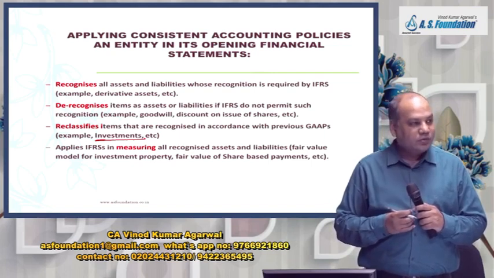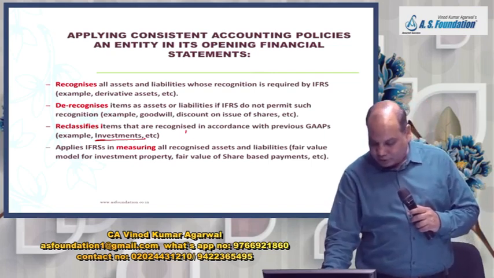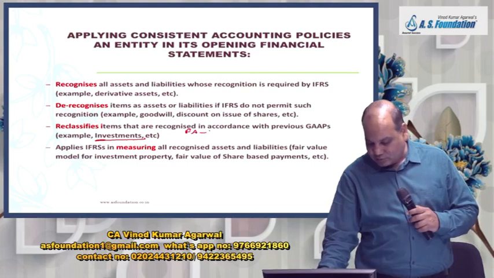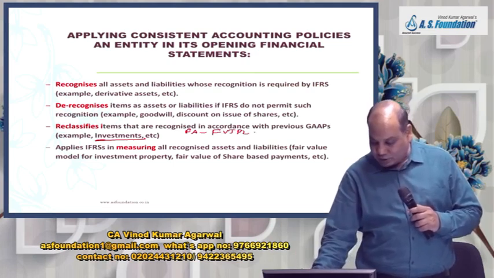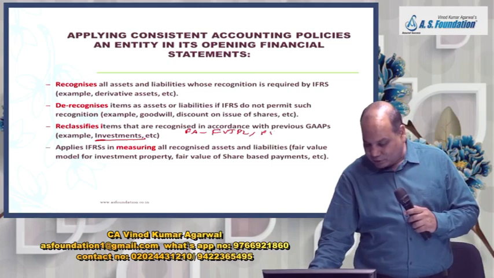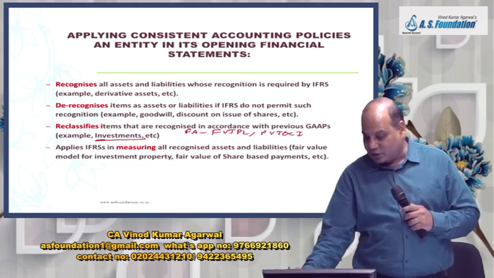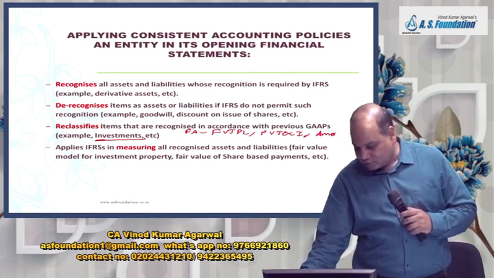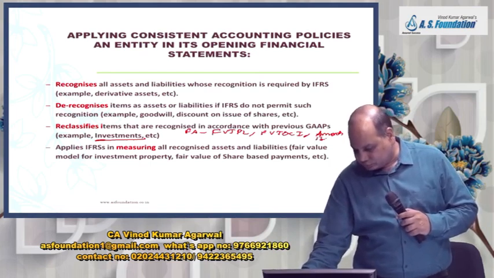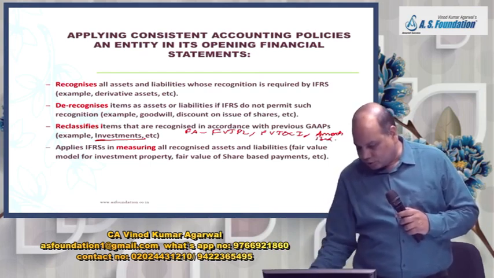But under IFRS, you have to write financial asset at FVTPL category, fair value through P&L account. Financial asset at FVTOCI, same investment but appearing under different names now. Financial asset at amortized cost. Is it right?